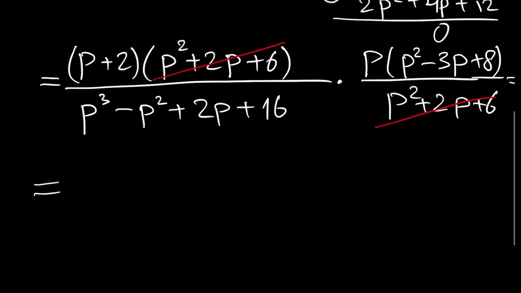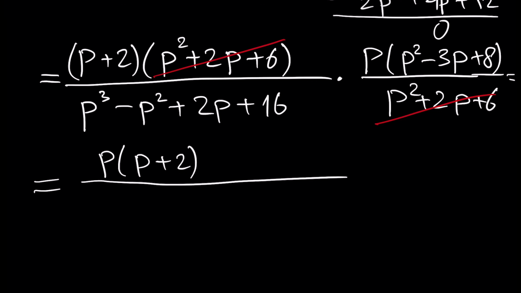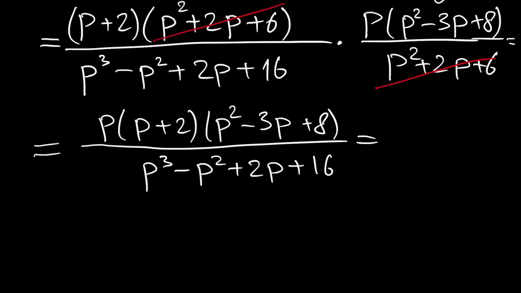Let's rewrite our problem, and after cancellation, our problem will look like p times p plus 2 times p squared minus 3p plus 8 divided by p cubed minus p squared plus 2p plus 16. It's easy to see that this polynomial of degree 1, p, does not divide our denominator.